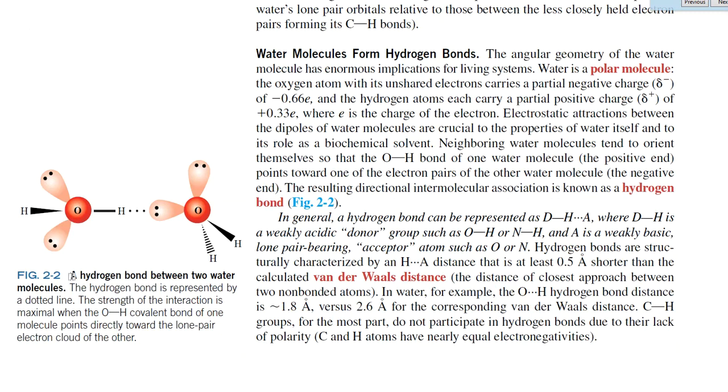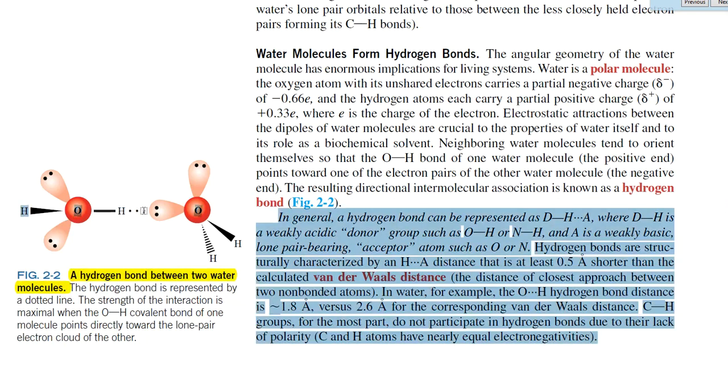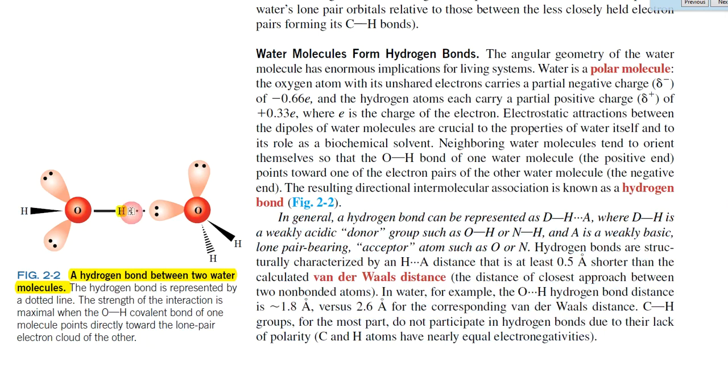So see how a hydrogen bond is formed between two water molecules. The hydrogen bond is represented by a dotted line here. The strength of the interaction is maximum when the OH covalent bond of one molecule points directly towards the lone pair of the other.